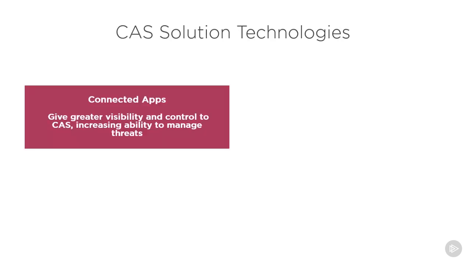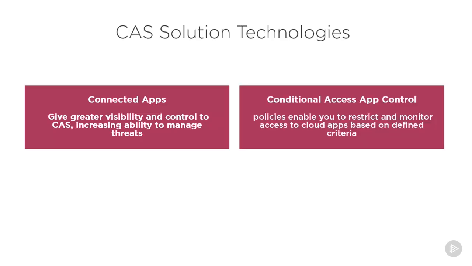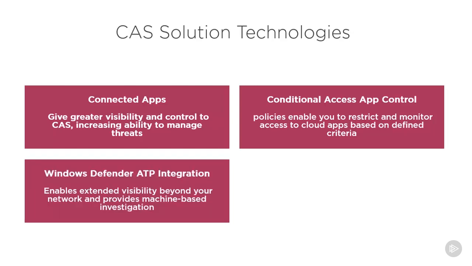We'll begin by talking about connected apps, which provide greater visibility and control of CAS. It also increases the ability to manage threats. In addition, we perused the conditional access app control. This will enable policies to restrict and monitor access to your cloud apps based on specific criteria that we've defined. We also have the Windows Defender ATP, Advanced Threat Protection, integration.